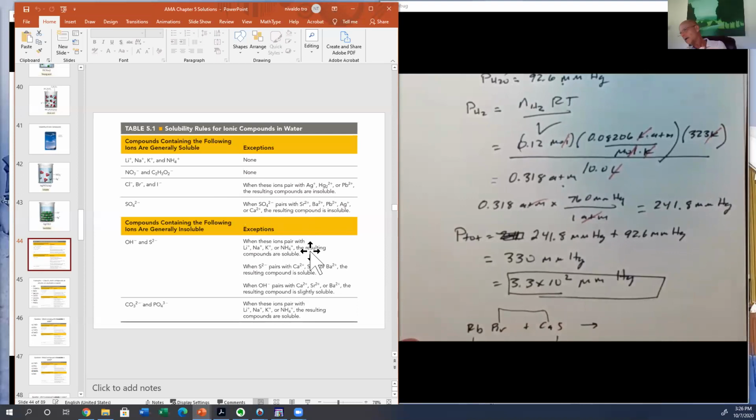No, wait, sorry. So it's sulfide here, right? Huh. Sulfides are generally insoluble. Yeah. And, oh, I see the problem. It's just not on this. I see the problem. Rubidium is a group 1 metal, and so it belongs to this group of metals here.